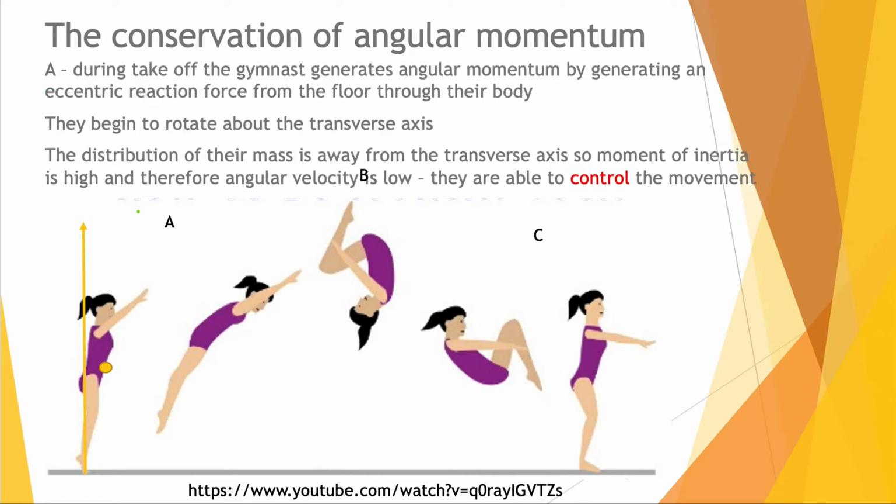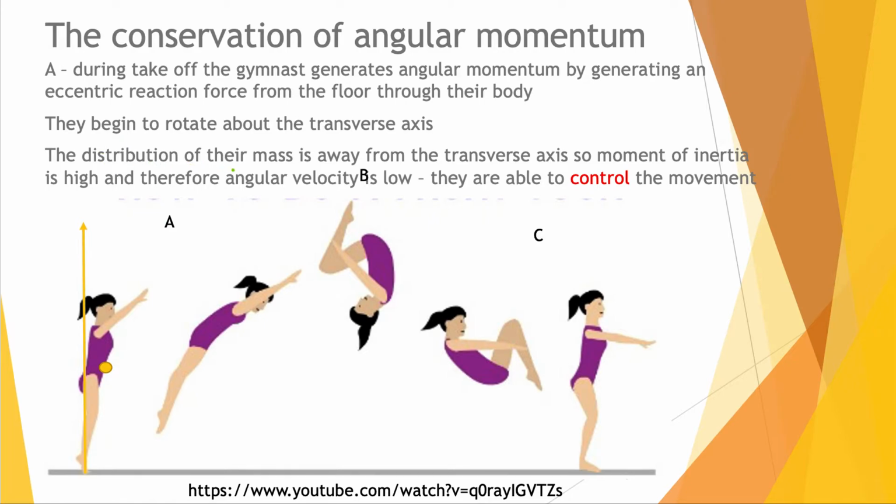Okay, so point A, or the point of takeoff. During takeoff, the gymnast generates angular momentum by generating an eccentric reaction force from the floor through her body. She then begins to rotate about her transverse axis.